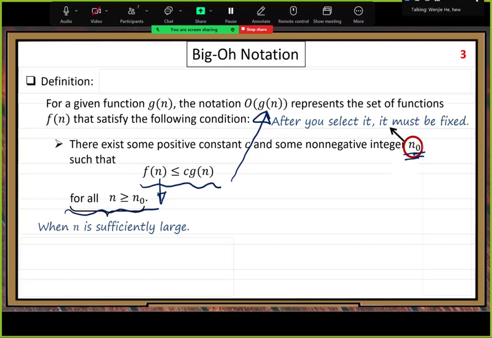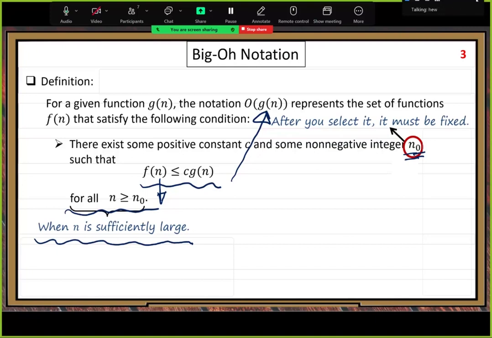All right. So then, sometimes people do not need to say this n0 notation explicitly. Especially in calculus, because this notation we borrow from calculus. In calculus, people use the language like this, when n is sufficiently large. In this way, we do not say n0 explicitly.